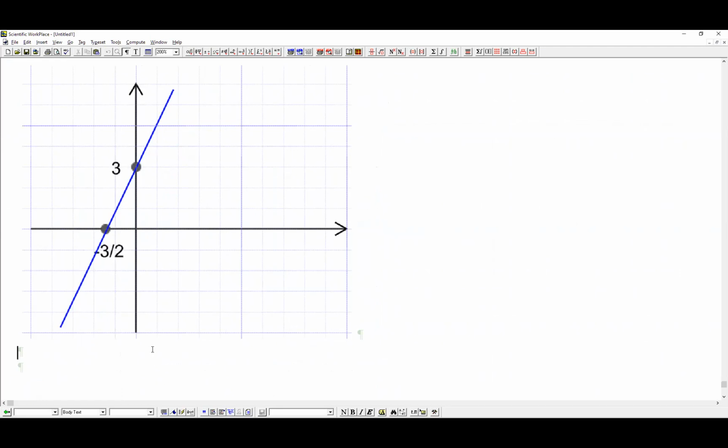All right, so that's what we get. Then, by the way, something I should have done that I will do is label my axes, x, y.